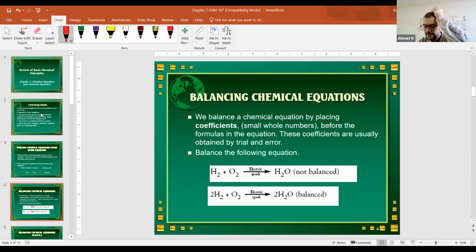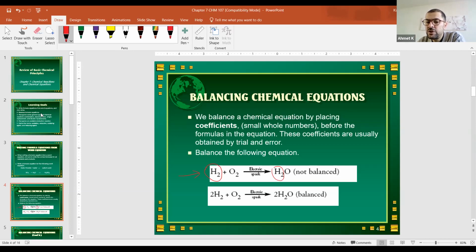So as we've said in the law of conservation, we cannot lose elements. If you look at the simple reaction that we have here, H2 plus O2 giving H2O, if you have two hydrogen reacting with the oxygen, and we have two hydrogen here, that's balanced.